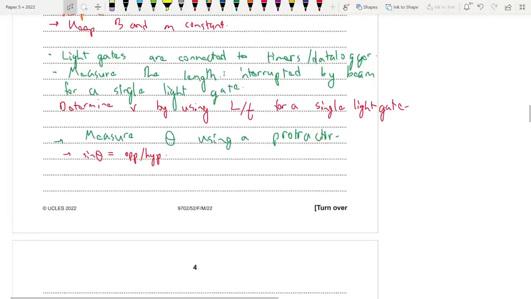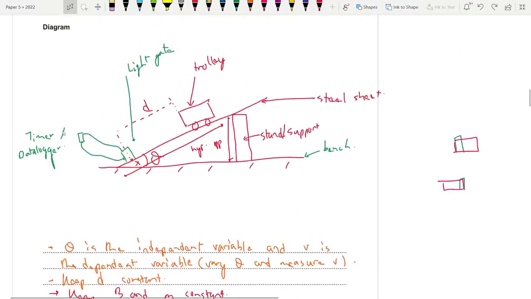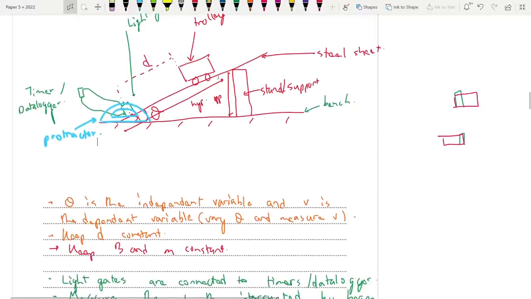Or you could just opt for drawing the protractor properly on the diagram, right? It's going to be something like this. You could draw it over here, and you could label this as the protractor. That also works. Okay, so this is an additional detail for measuring the angle.